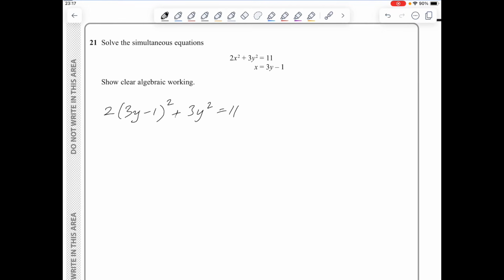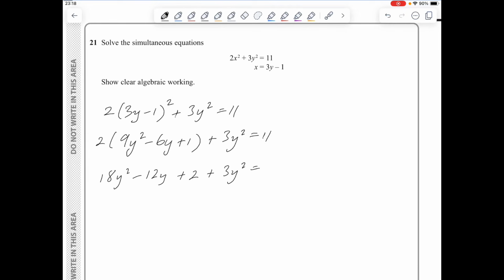Let's expand the bracket. 2 times (9y squared minus 6y plus 1) plus 3y squared equals 11, which expands to 18y squared minus 12y plus 2 plus 3y squared equals 11.